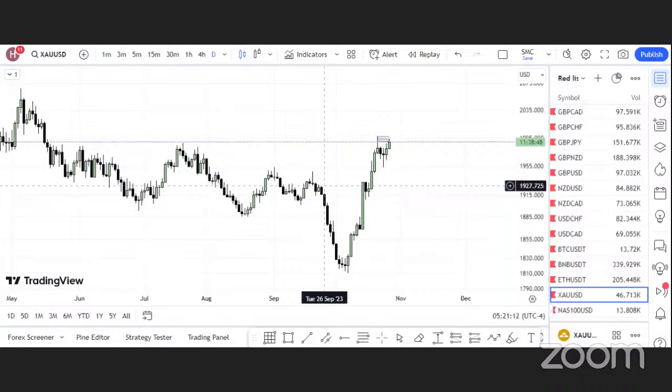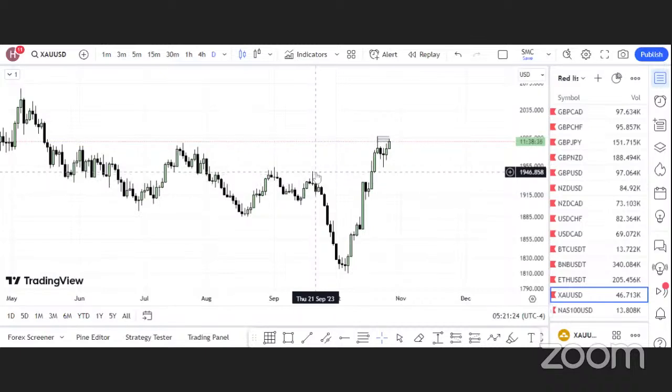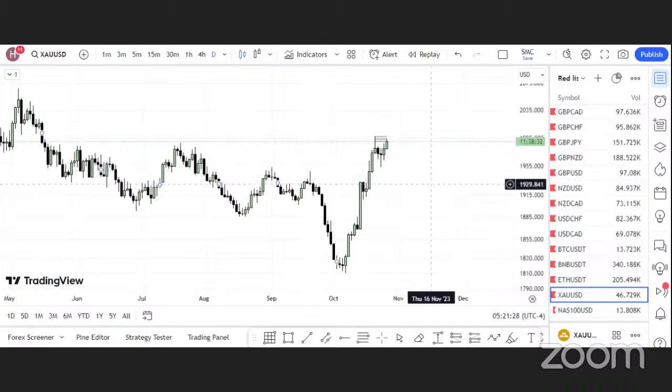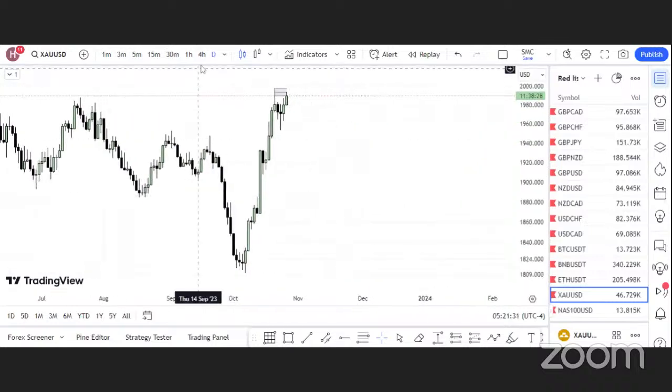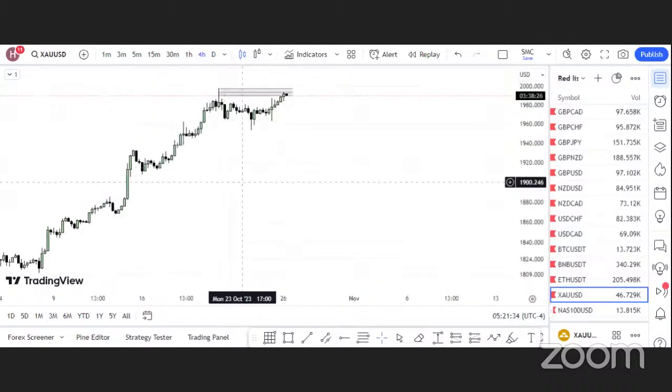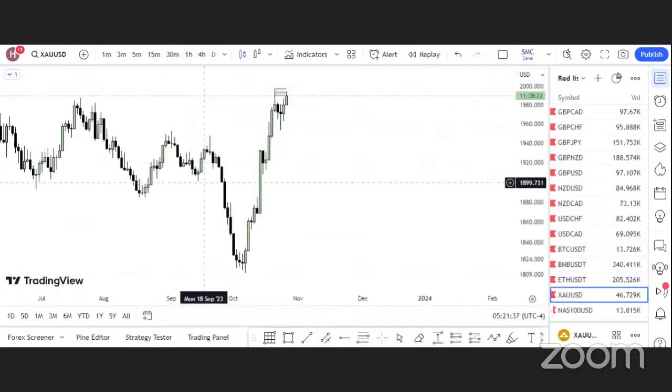And this unpredicted movement is happening because of the war going on between the Palestinians and the Israelis. So the gold market tends to be moving in a bullish direction, and it's been doing that for a few days now.